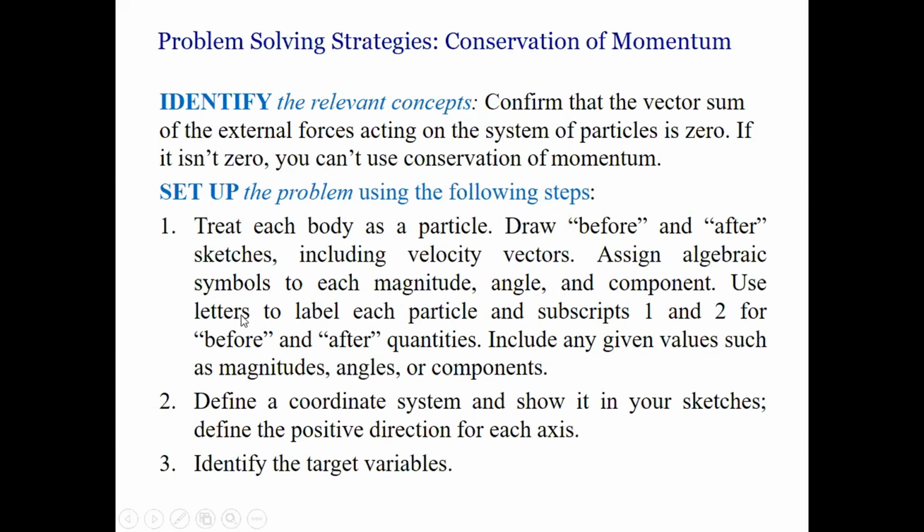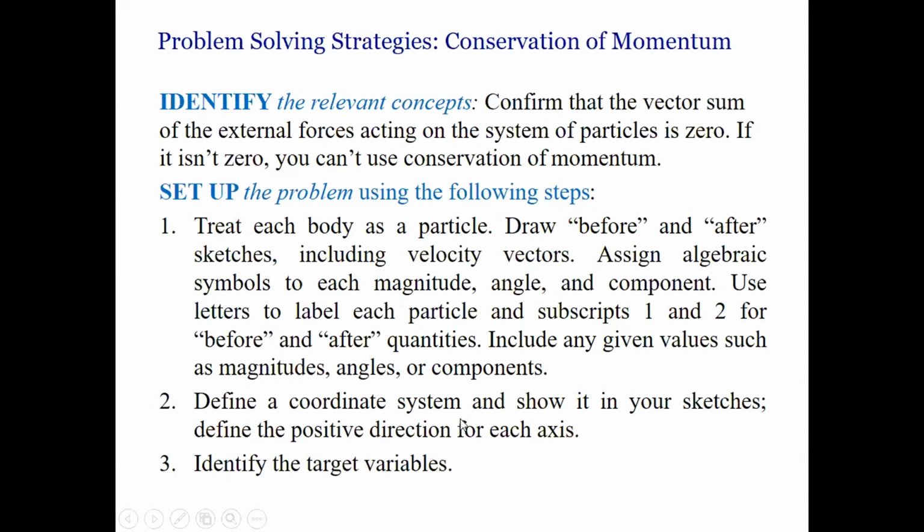We will use letters to label each particle, and we will use subscripts 1, 2 for before and after the quantities. We will also include any values, such as the magnitude, angle, or the components.